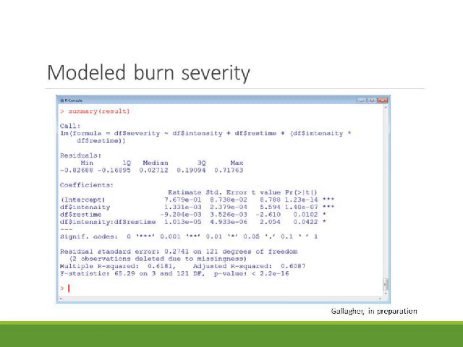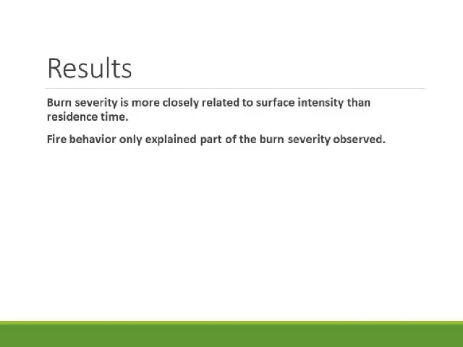And so what we can take home from this is that burn severity, at least in the studies that we conducted here, was more closely related to surface intensity than residence time, and that fire behavior only explains part of the burn severity observed.